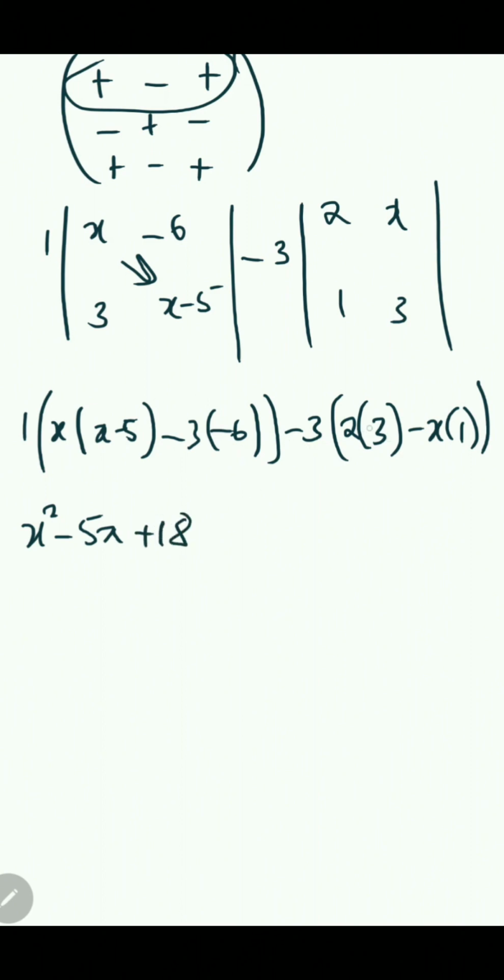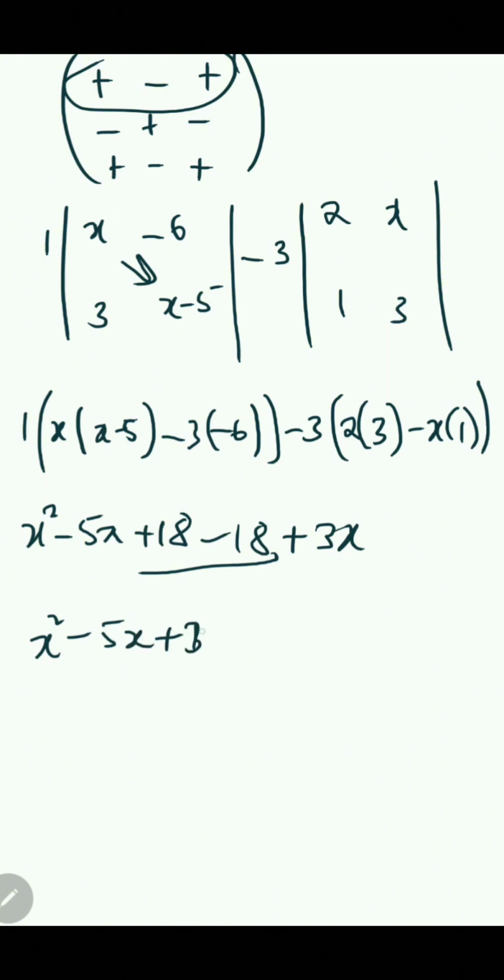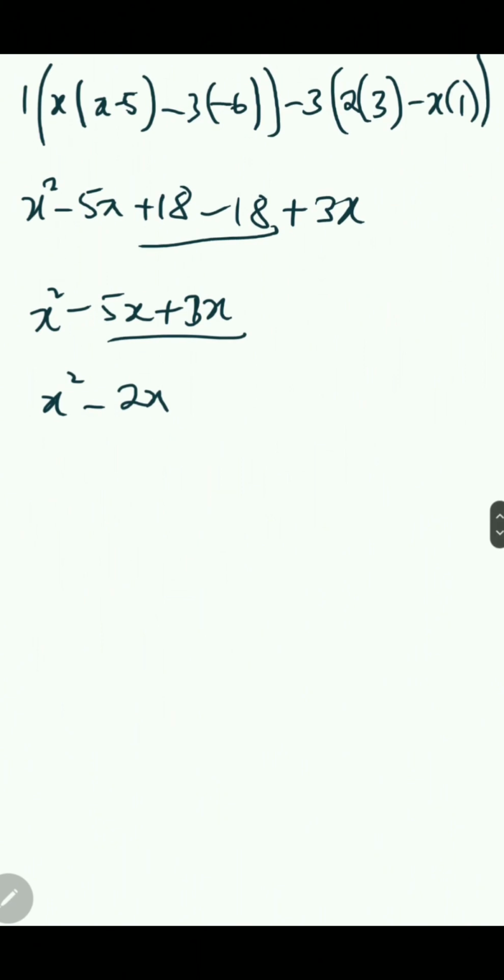On the other side I get a negative 18, then negative and negative gives a positive, so I get a positive 3x. The 18 and negative 18 cancel, giving 0, so I remove them. So I have x squared minus 5x plus 3x, of which negative 5x plus 3x gives negative 2x. So this is our right hand side.